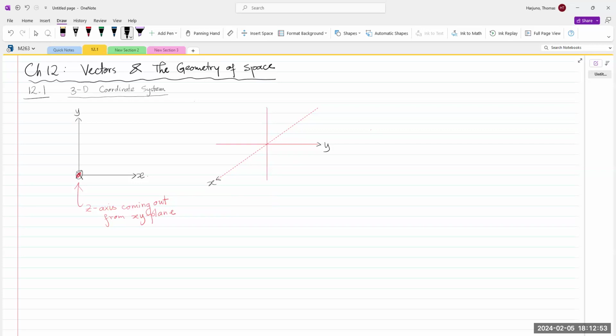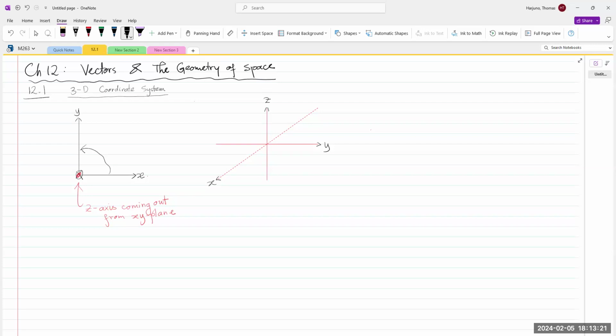Then the z-axis will come up. It follows what they call the right-hand rule. If you move counterclockwise from x to y, then the z-axis will be coming out to us.